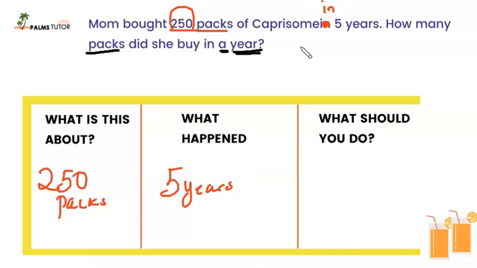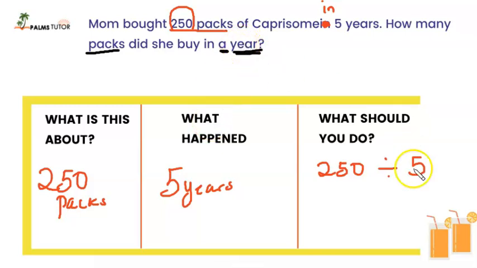What does that tell us? Division, right? Because that means that in 1 year she bought a certain number of packs, another year another number. So we want to know each of those years, how many packs does she buy? And how do we find that out? 250 into 5 places, since there are five years, of course.